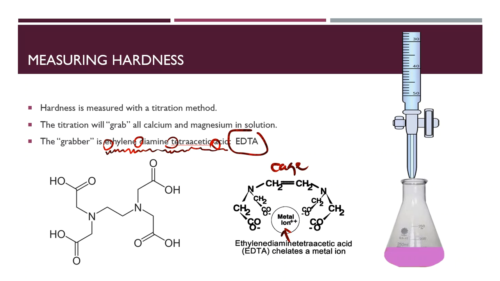And we want to measure how much calcium and how much magnesium there is in my water sample. So what we do is that we add EDTA to that solution, and when we add EDTA, that EDTA will go around and surround the copper and surround the magnesium. And because it surrounds it, it cages it up, and sometimes we call this a chelate.